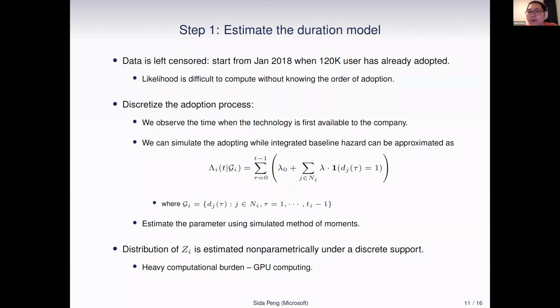So if you think about trying to write down a likelihood function to integrate all of this adoption, the issue is that we do not know the order of how these 120K users adopted before January 2018. So this is going to be a very large integration and very difficult to write down the likelihood directly. So the strategy we are taking here is different: we discretize the entire process, simulate it, and then use the simulated method of moments to do the estimation.